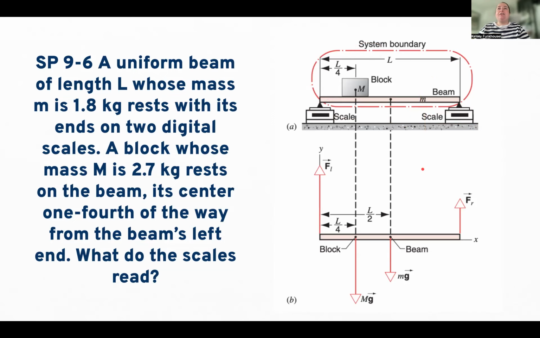And the other thing that we do with torque is we draw extended free body diagrams. So before, it was just like a point and all the forces are acting from that point. With torque, since the distance from the pivot point matters, we need to draw out the object and indicate where the forces act. So let's work on this problem.